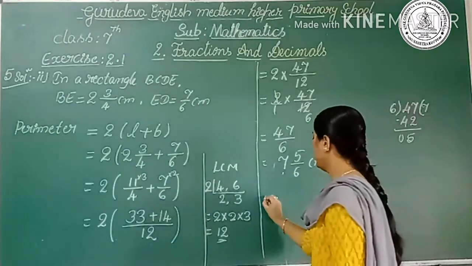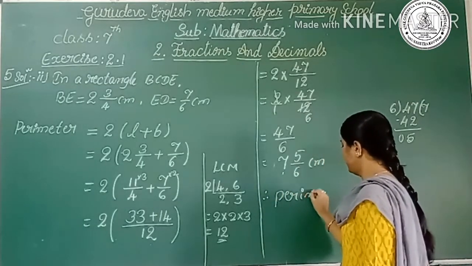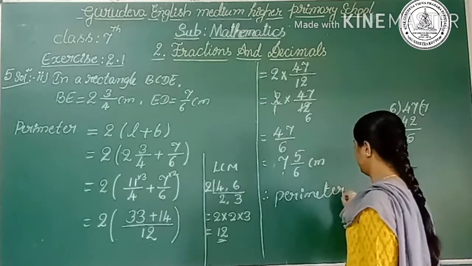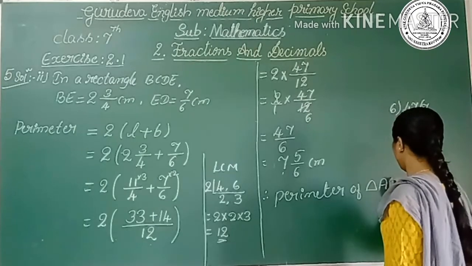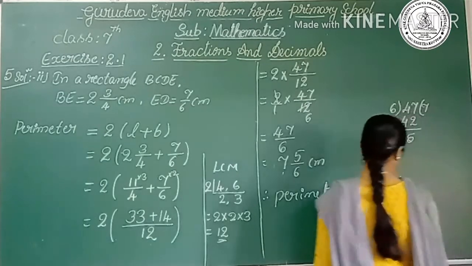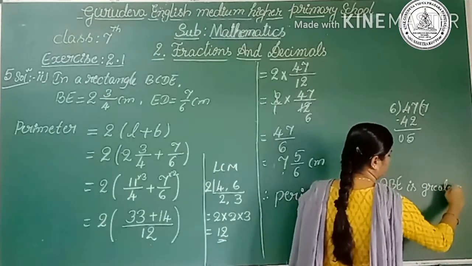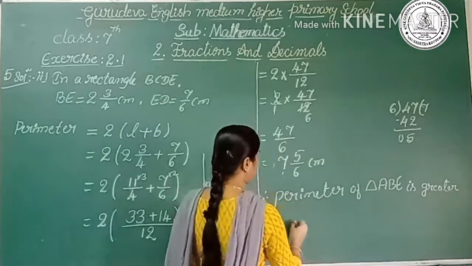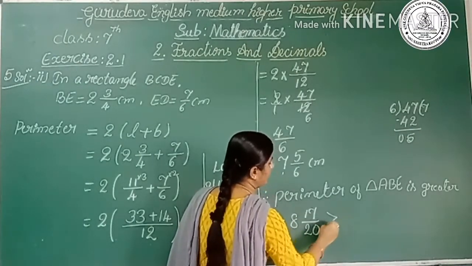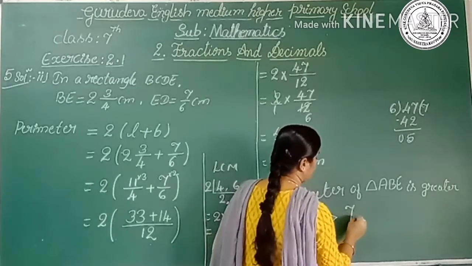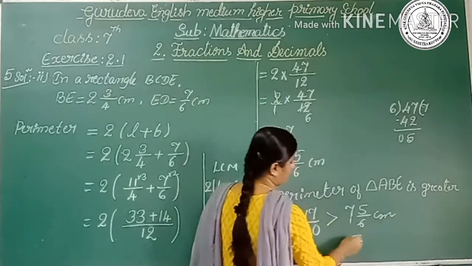Therefore, the perimeter of triangle ABE is greater. We will write here, 8 whole 17 by 20 is greater than 7 whole 5 by 6 centimeter.